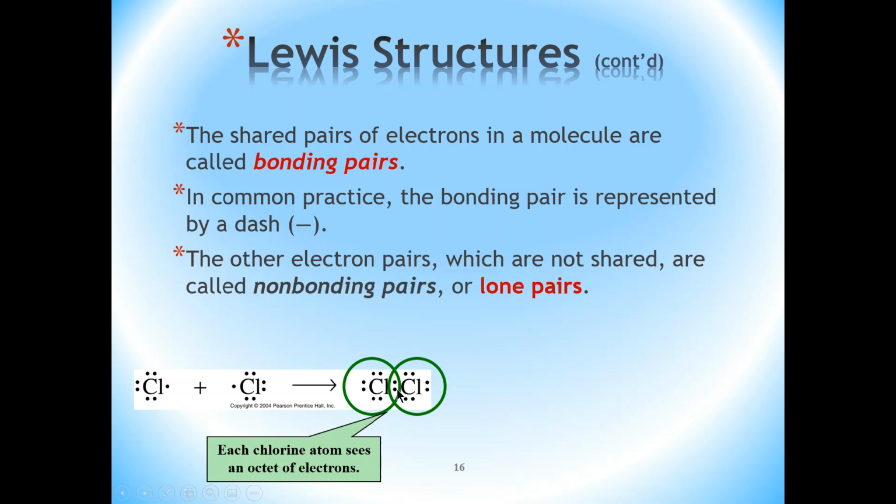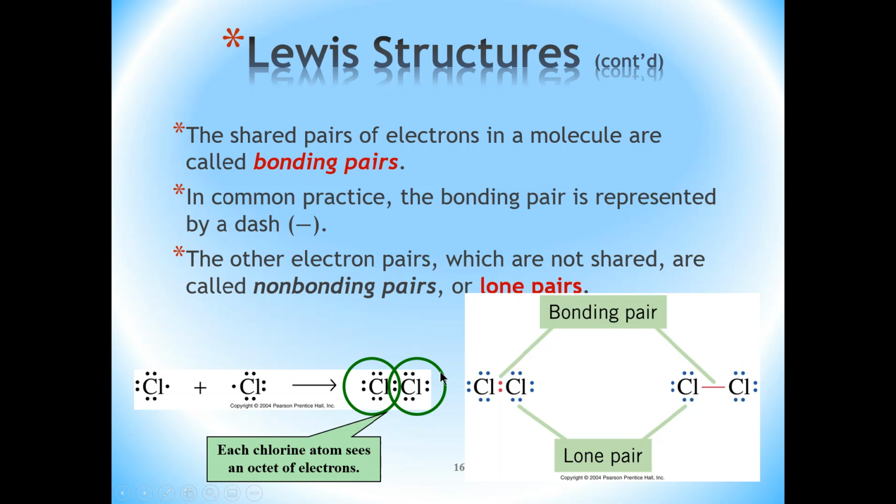In the case of chlorine, we have a bonding pair that is being shared between the two chlorine atoms. A common practice, instead of using dots to represent the bonding pair, is to use a dash or a line. It would look something like this right here. So this line represents the same thing as the two electrons being shared between the two chlorine atoms.